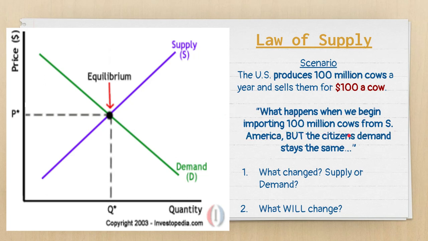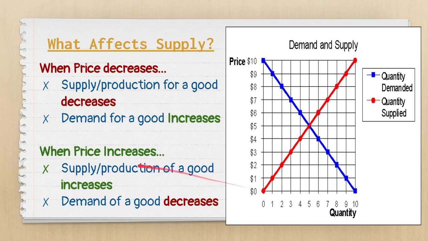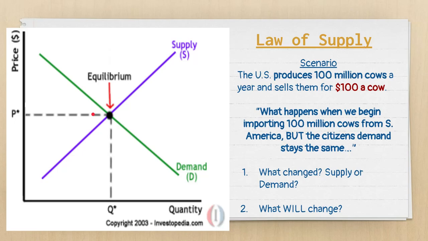And because we have a surplus of cows, price will go down for those cows. However, remember when price decreases, demand will increase. So even though we have an influx of more cows, demand will increase.